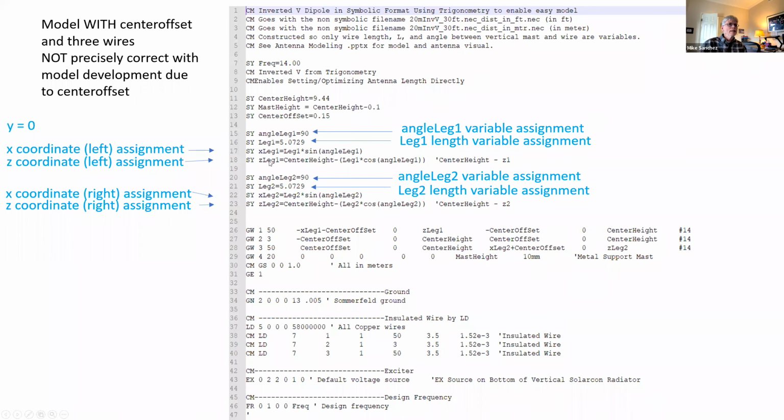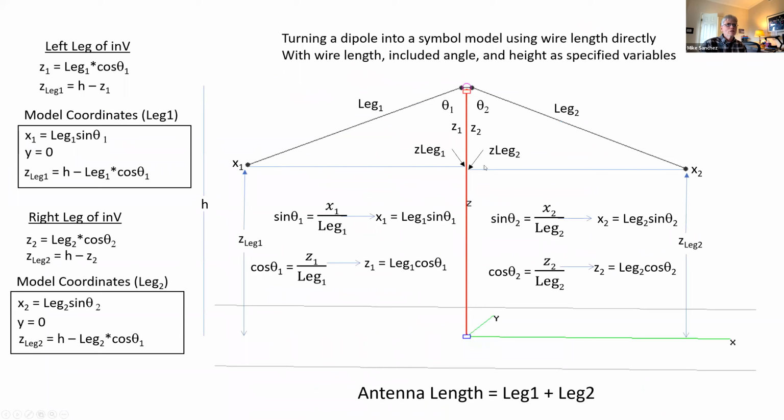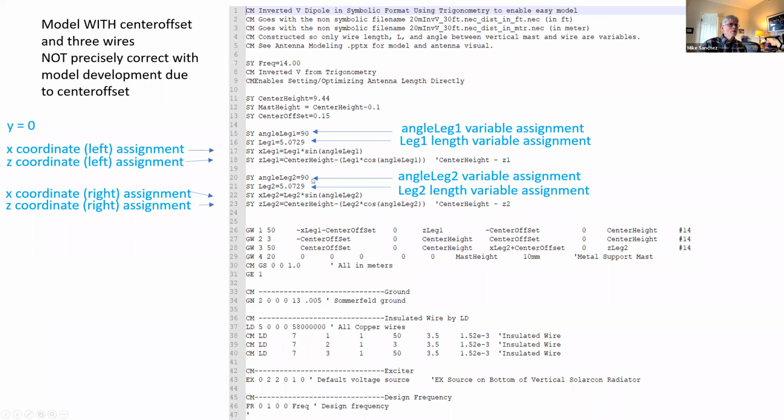And then Z leg 1 is equal to center height minus leg 1 cosine angle 1. Same thing for the other side. So this is the left half of the antenna. This is the right half of the antenna.